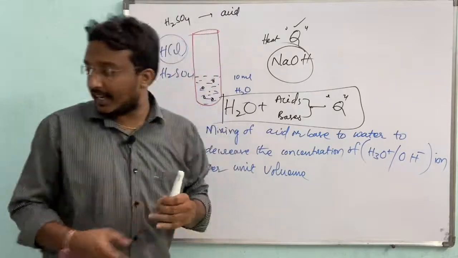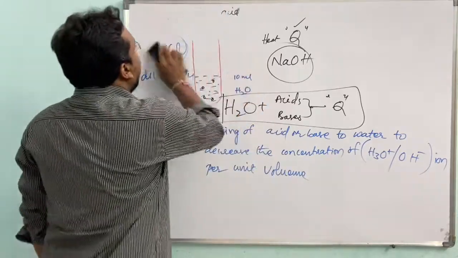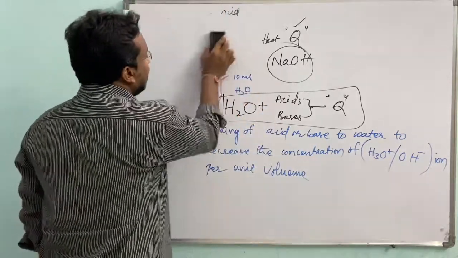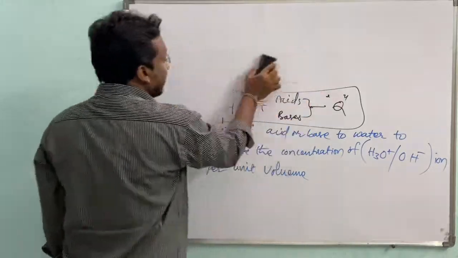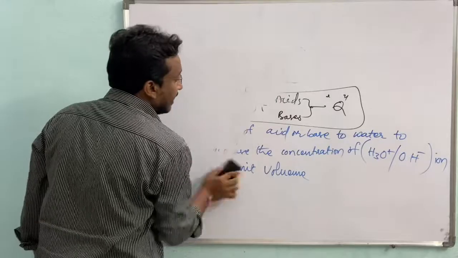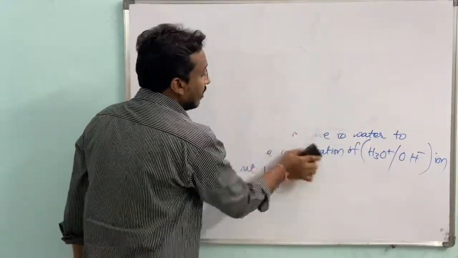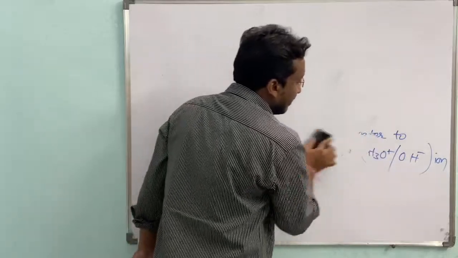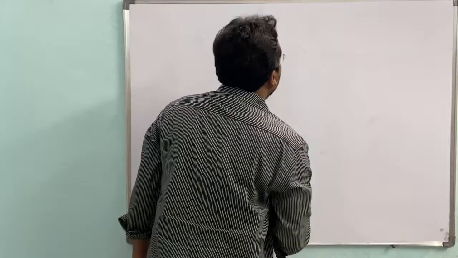Got it? And that's why on the containers or vessels of acids or bases, they give a caution sign. Danger signs are posted on the containers of acids or bases.